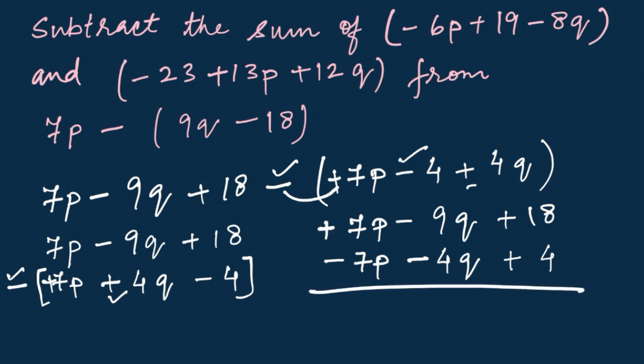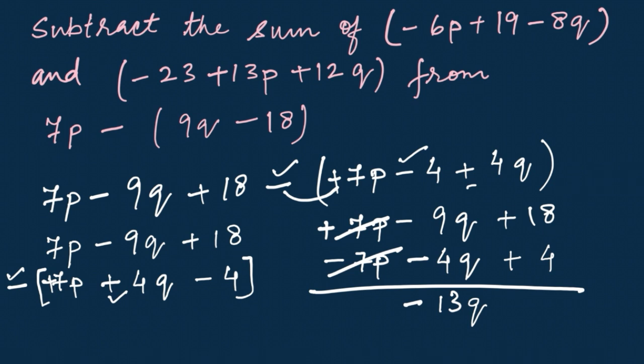Solve this. Plus 7p and minus 7p, this becomes 0. This cancels out. Minus 9q minus 4q: add the numbers 9 and 4. It will become 13q. Minus and minus is plus, but the sign will be minus, so the sign in front of 13q will be negative.